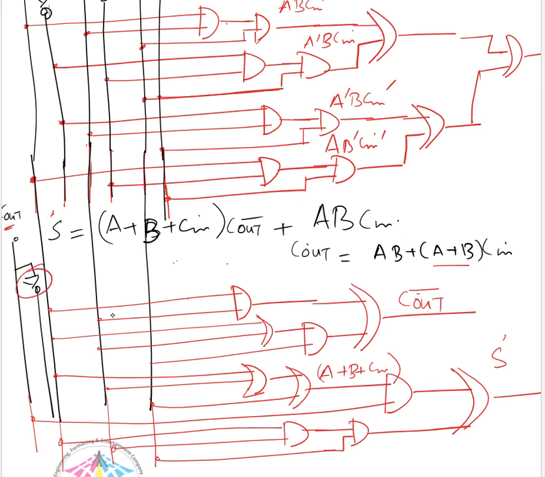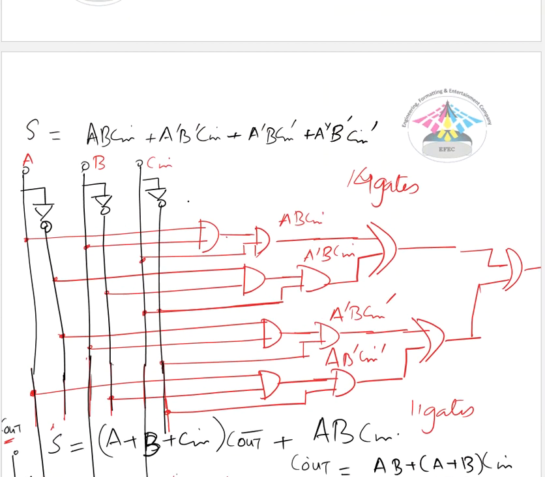So here we have 1, 2, 3, 4, 5, 6, 7, 8, 9, 10, 11 gates. So here we have 11 gates for the implementation of this second form, while previously we needed 14 gates.